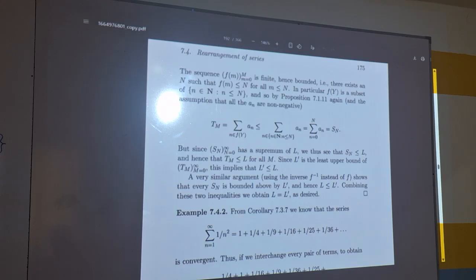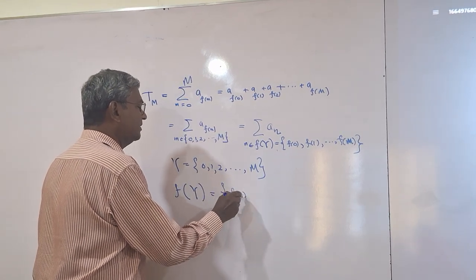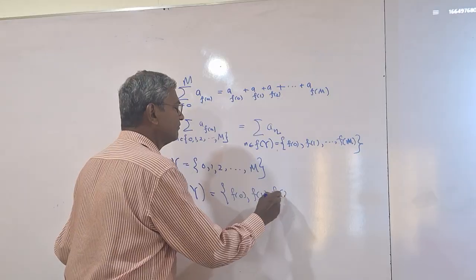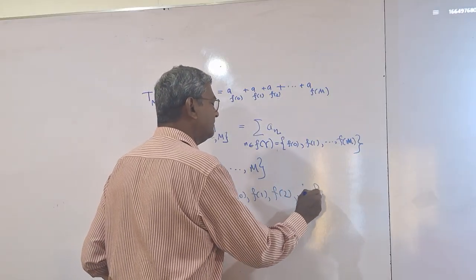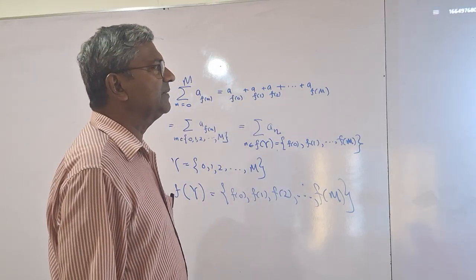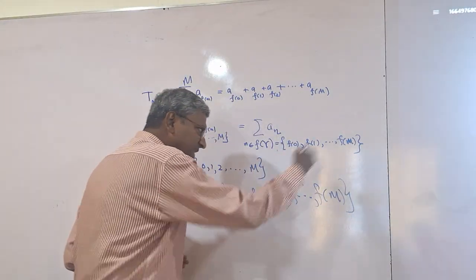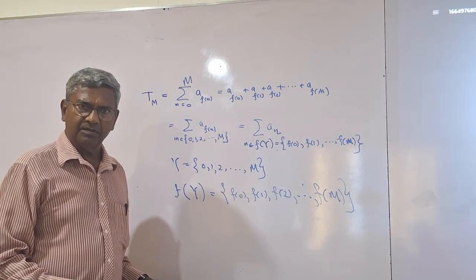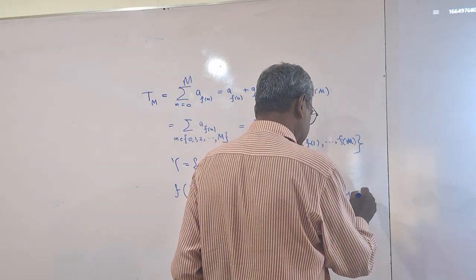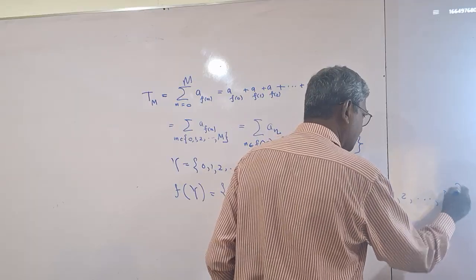Then when you take F of y, it is F of 0, F of 1, F of 2, up to F of M. This whole set, in particular, F of y is a subset of this set. Each term is less than or equal to capital N. No? So this is a subset of 0, 1, 2, up to capital N.